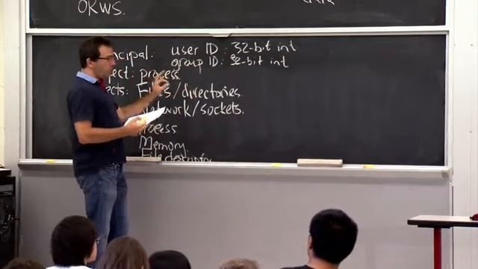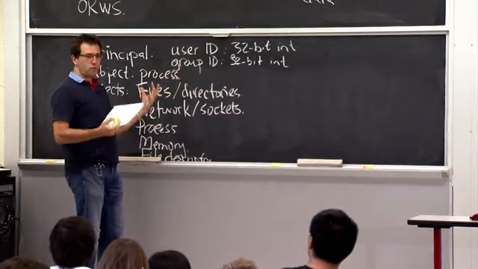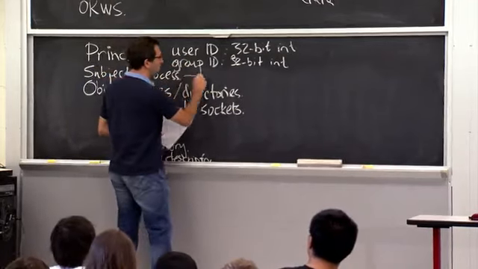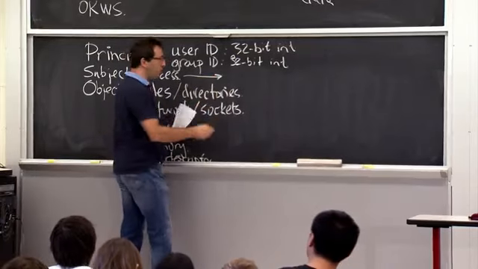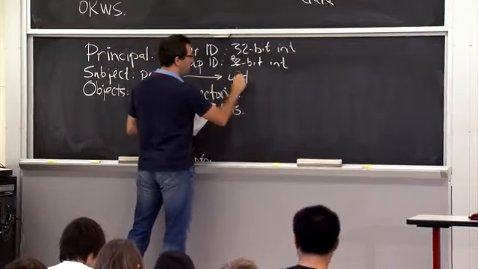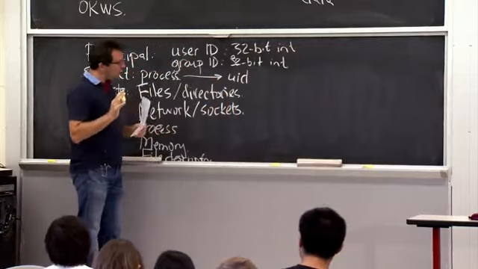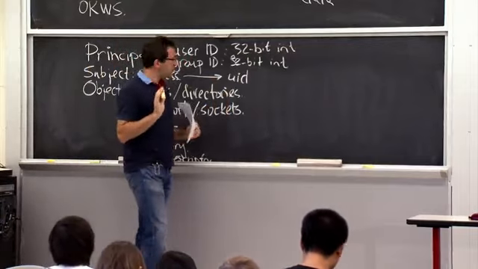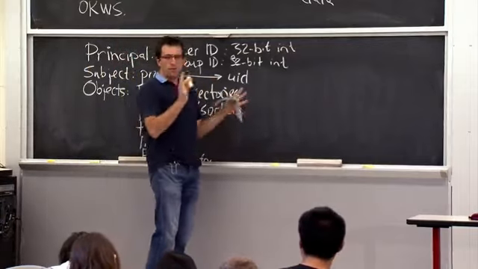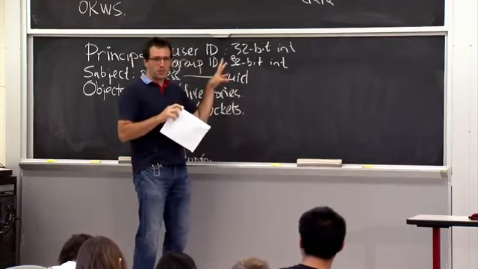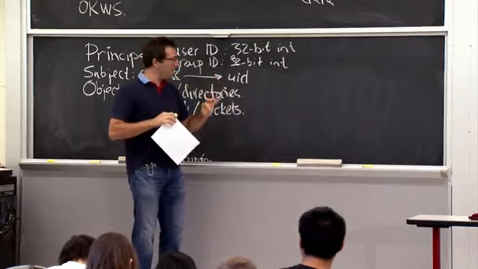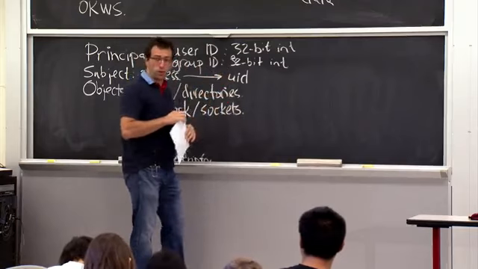And when we talk about a process having certain privileges, we typically think of a process being associated with a particular UID value. So a process, for the most part, has a single UID. As with almost everything else, there's complications everywhere in Unix, but I'll simplify it for now. A process has one UID.